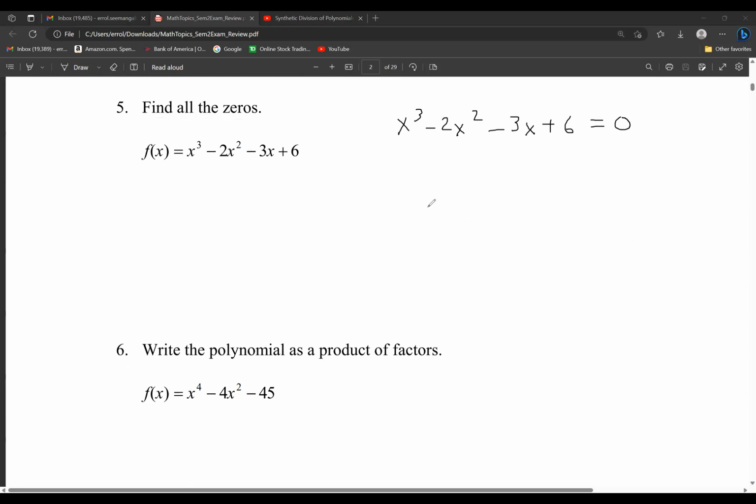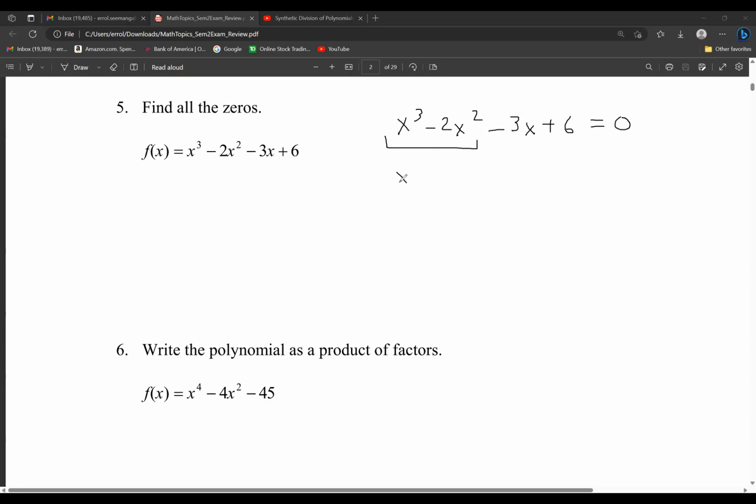Okay, so let's see how we can do this. Can we factor, what's the common factor out of these two that we can take out? Out of the first two, x to the power of 3 minus 2x squared. What's the GCF, greatest common factor? x squared.